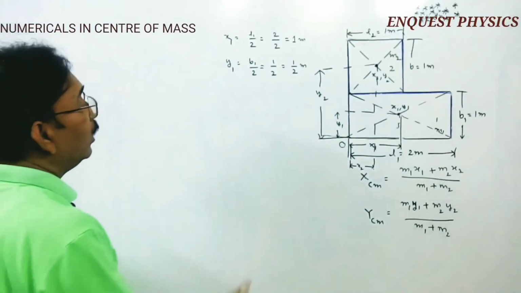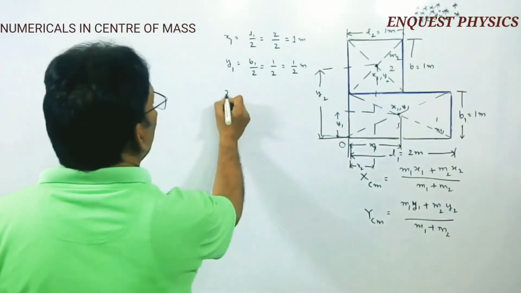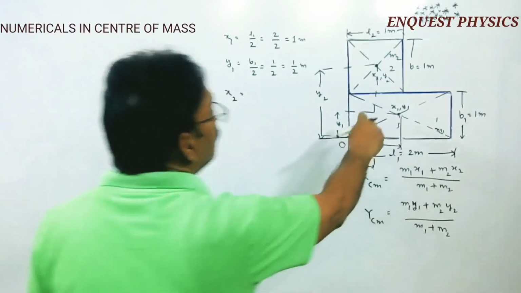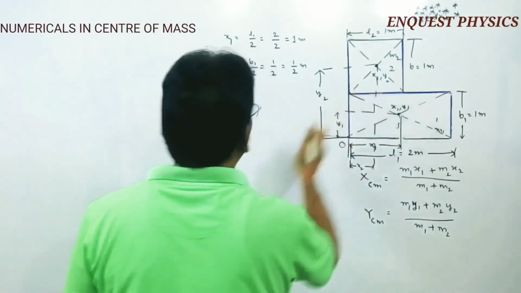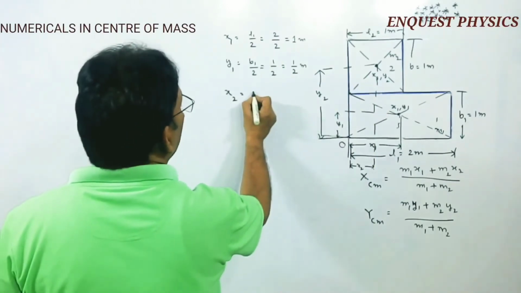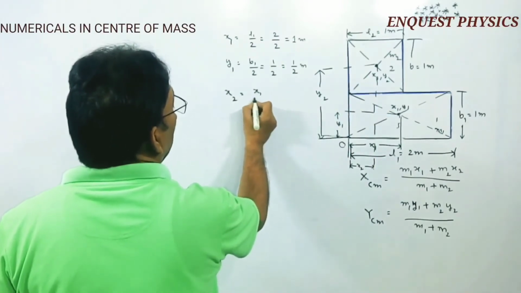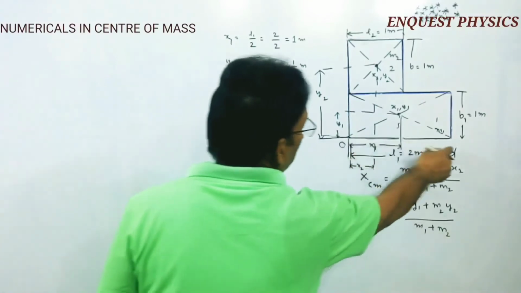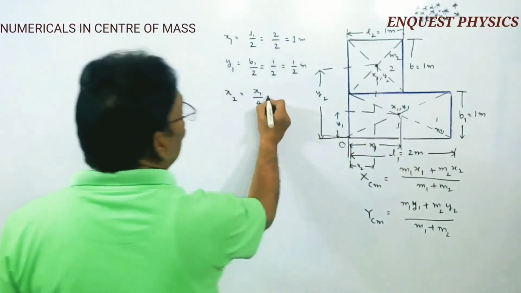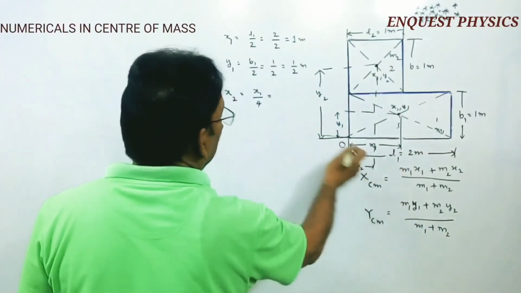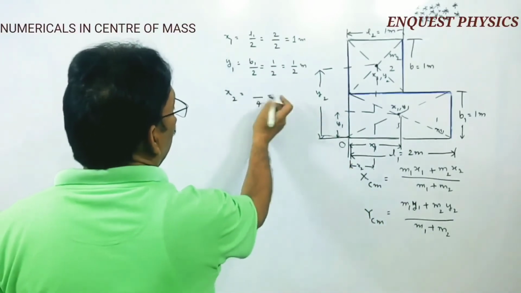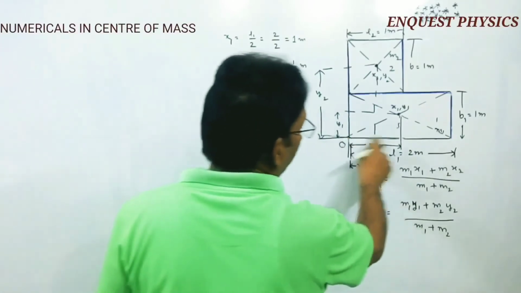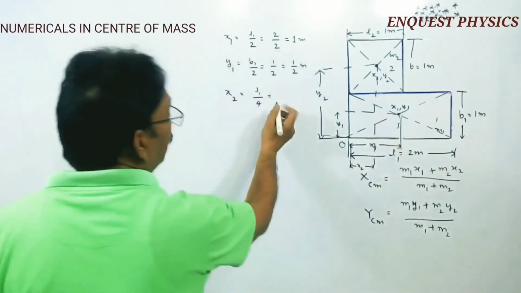And we have to find x2. See this? It is x2, this distance. That means what? x2 is the fourth part of L1, this one, half part of x1.